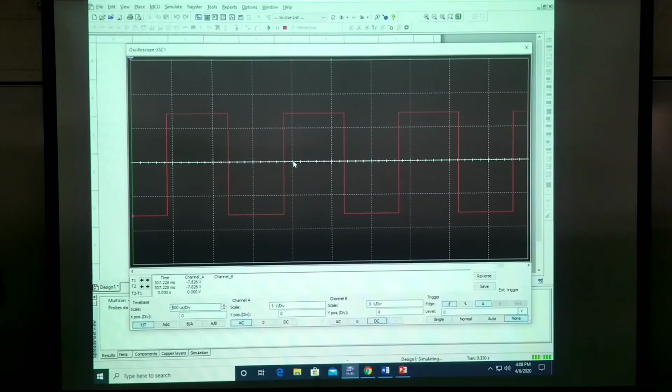So all we have to do is count the ticks between this and this. So we got 1, 2, 3, 4, 5, 6, 7, 8, 9, 10, 11, 12, 13, 14 and a half.